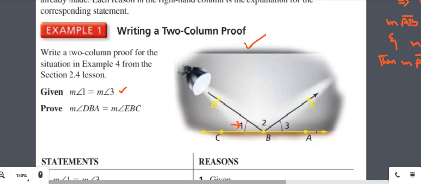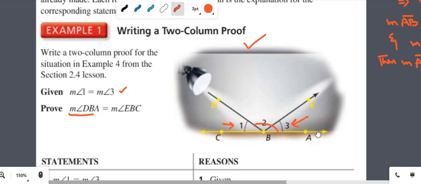Measure angle 1 is equal to measure angle 3, and what we have to prove is that measure angle DBA is equal to measure angle EBC.